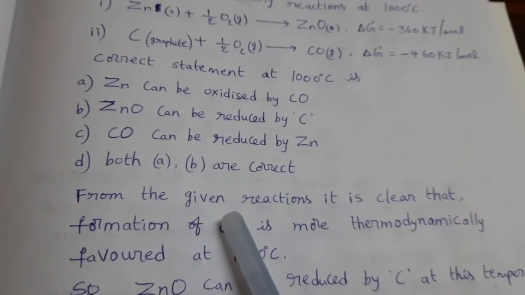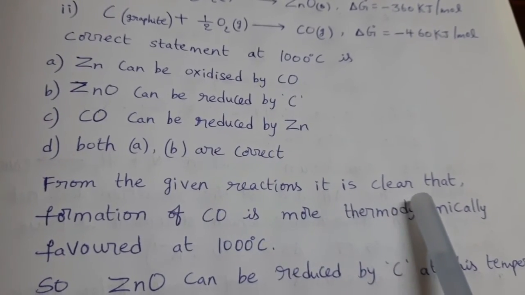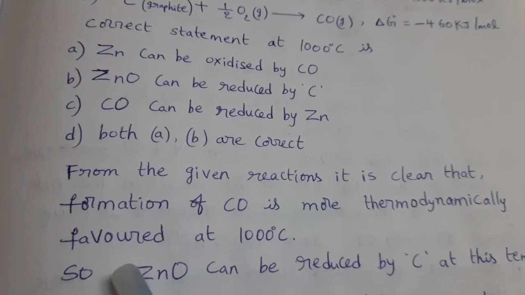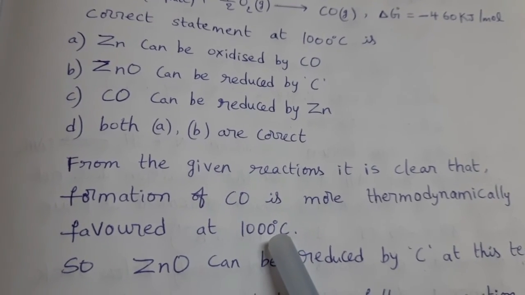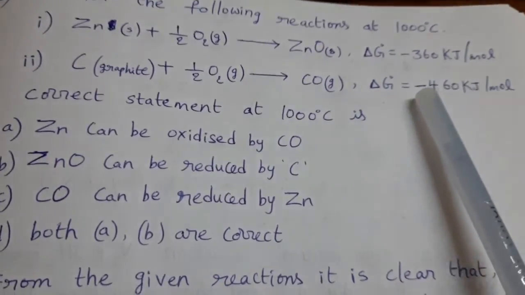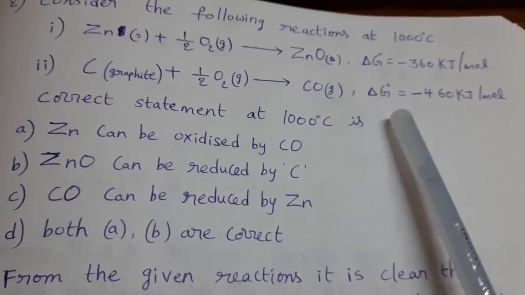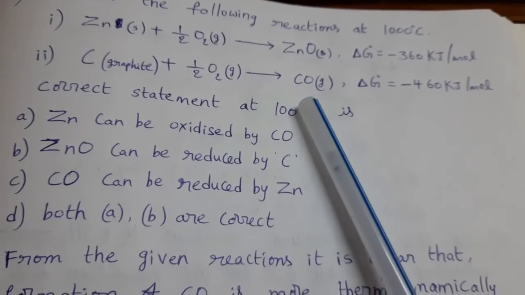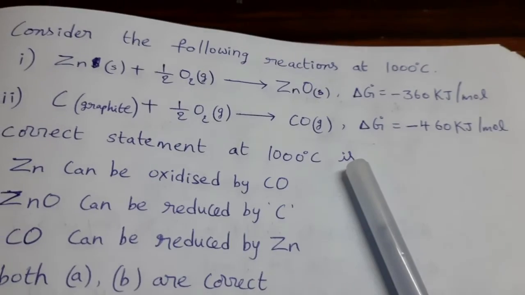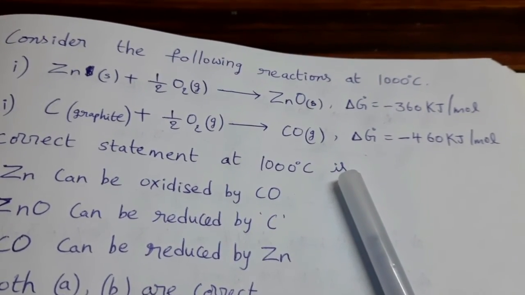See this. From the given reactions, it is clear that formation of CO is more thermodynamically favored at 1000 degrees Celsius. Formation of CO in these two reactions, which one has the more negative value? Second equation. That means formation of CO is thermodynamically more favorable.